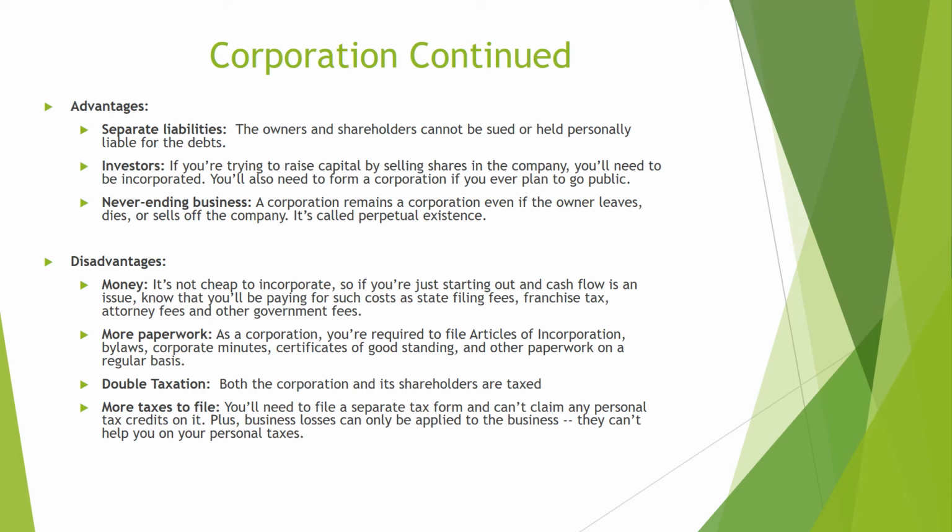You'll need to file a separate tax form, and you can't claim any personal tax credits on it. Plus, business losses can only be applied to the business. They can't help you on your personal taxes. Once again, this is all about a corporation being a completely separate legal entity. There's no pass-through. It's very separate. You have your business entity, and then you have your business owners.